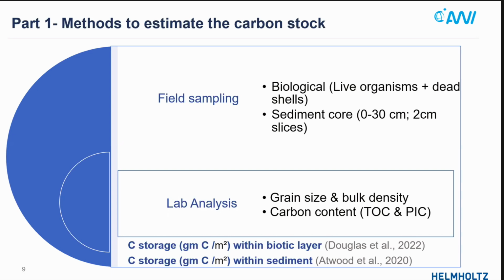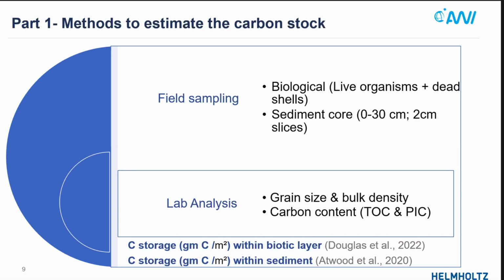The tissue stores a small amount of organic carbon for a brief period of time, whereas the shells can store a large amount of inorganic carbon. We also collected the underlying sediments, and these sediments can store up to kilograms of carbon per square meter over depth and over time if the retention of carbon exceeds the export of carbon.